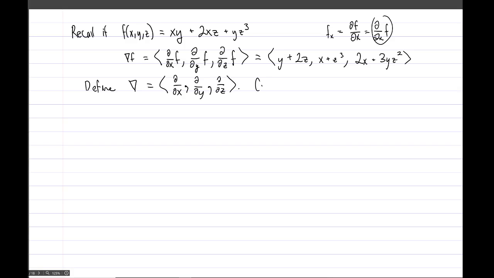You could think of the gradient of f, even if it's not really this, as f scalar multiplying this symbol.